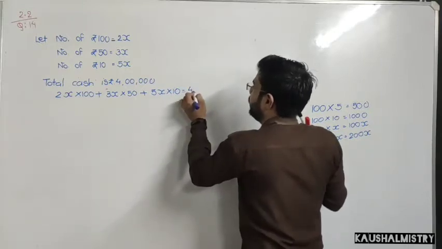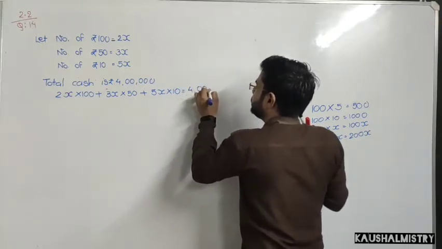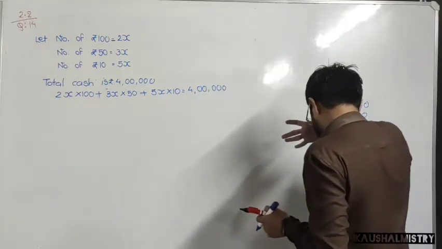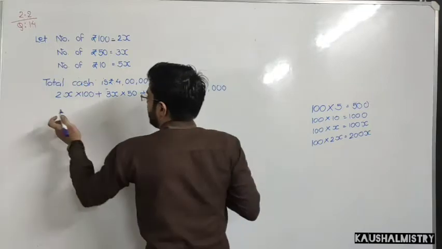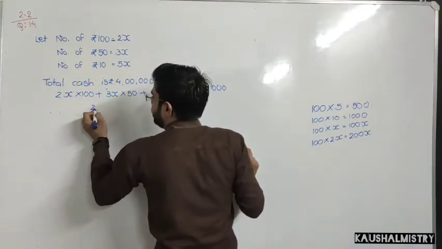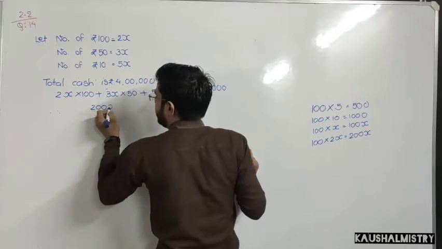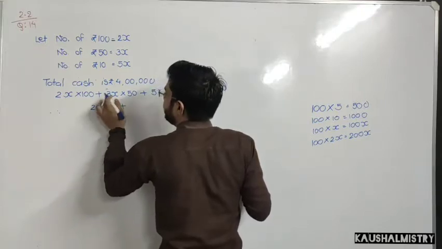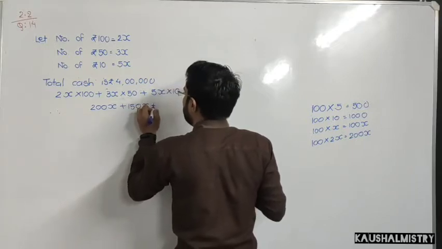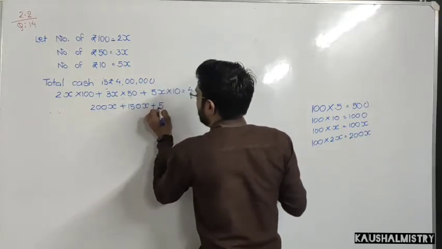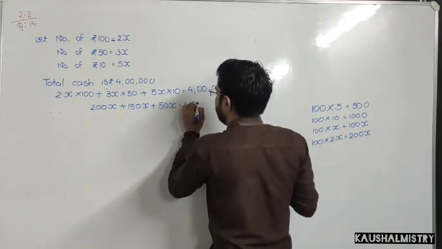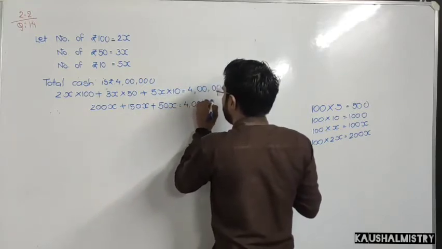That is equal to 4 lakh. Right? So this is equal to 200x, this will be equal to 150x, plus this will be equal to 50x, and that is equal to 4 lakh. Right?